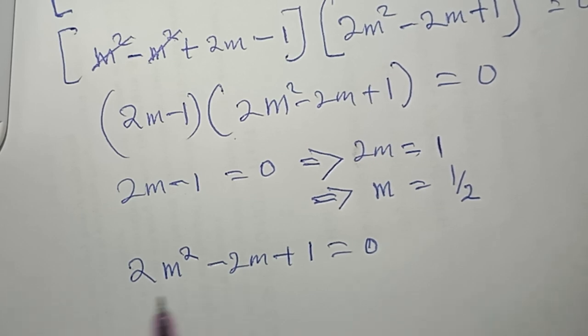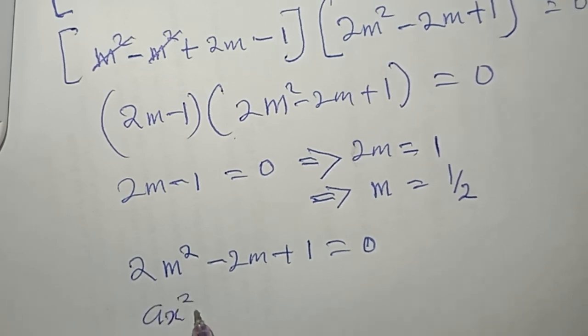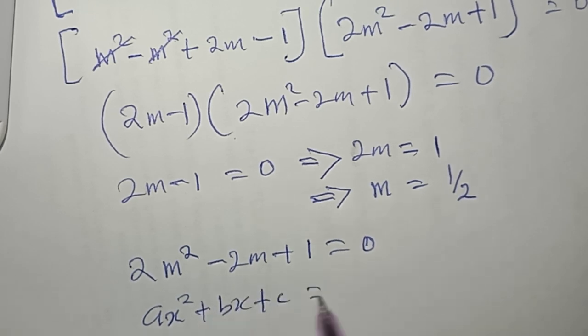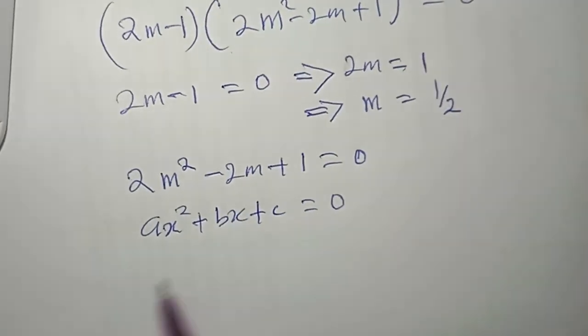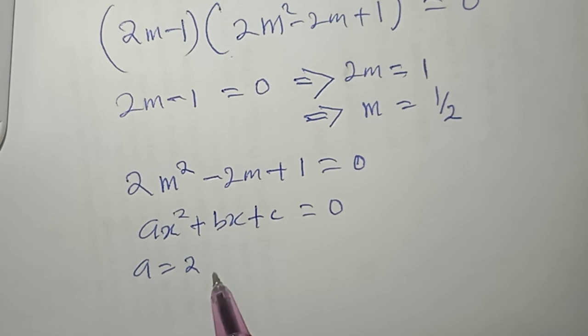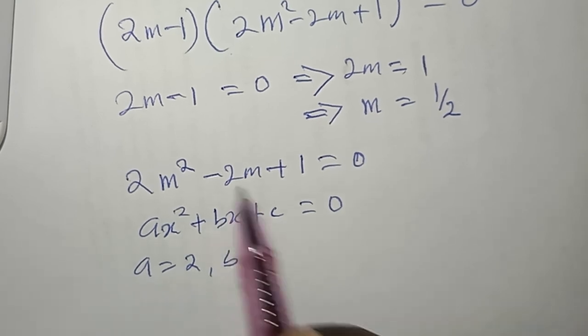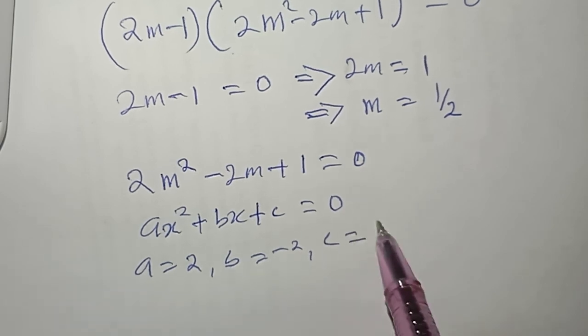And of course, if you compare this with the general form of a quadratic equation, the general form is ax squared plus bx plus c is equal to 0. So obviously you can see that a is equal to 2, b is equal to -2, and c is equal to 1.